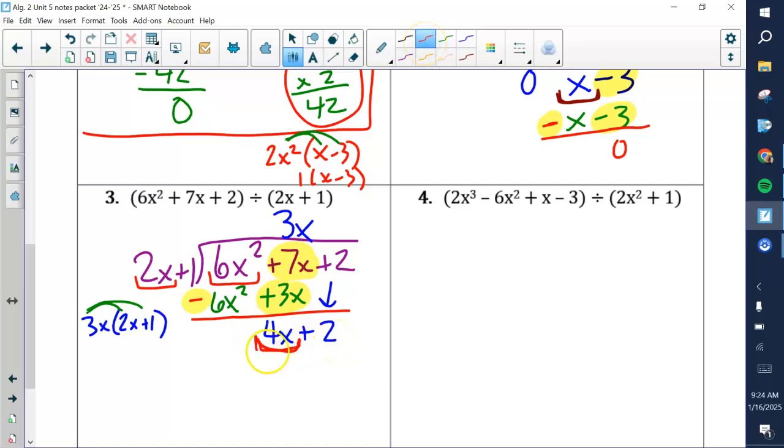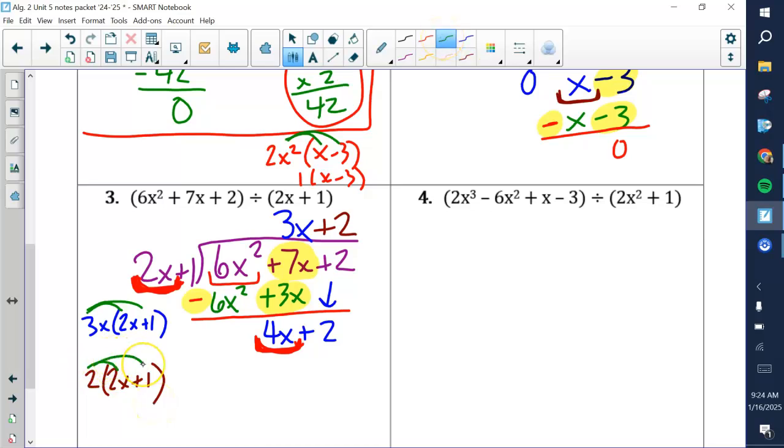Now I need to eliminate my 4x. What do I multiply 2x by to get rid of 4x? Positive 2. So now I'm multiplying 2 by 2x plus 1.